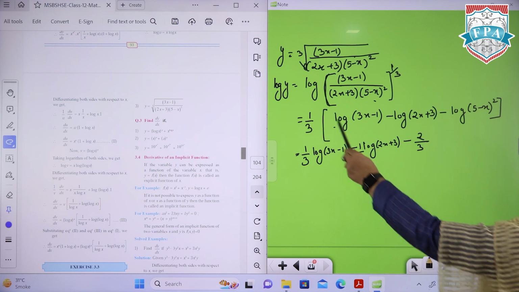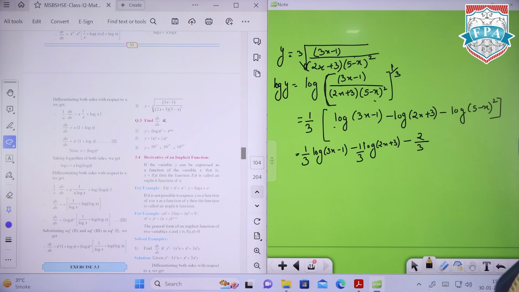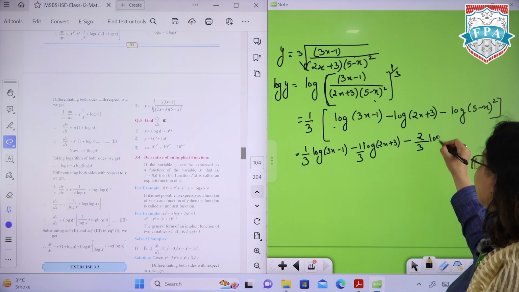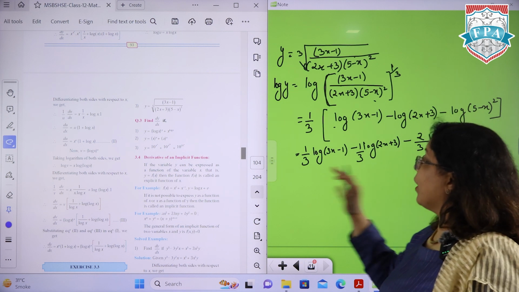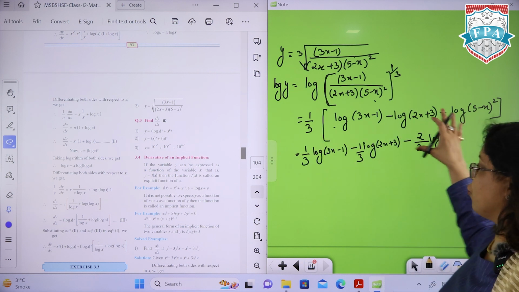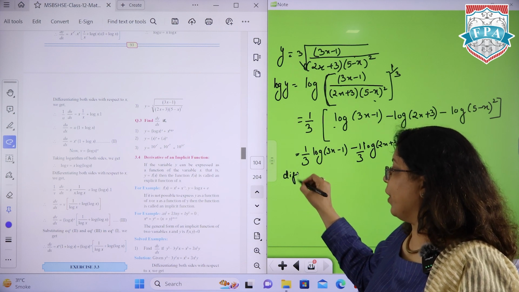Now 1 by 3 from here and 2 has come as the power law. So 2 by 3 log (5 minus x). Once you have come to this particular stage, then we'll go with differentiating with respect to x.